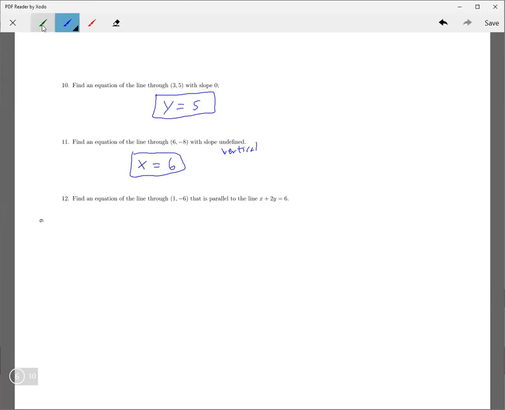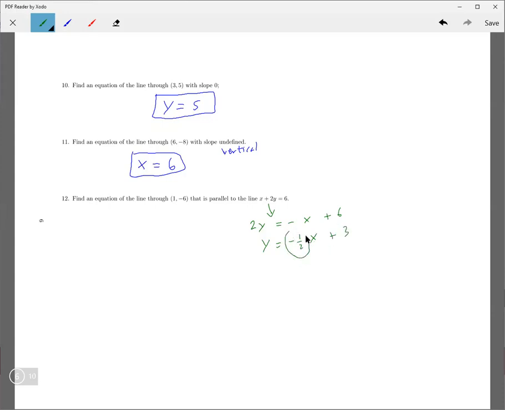Okay, number 12. Find an equation of the line through (1, -6) that is parallel to this other line. So parallel lines have the same slope. So what you're going to do first is solve this for y so we can get the slope. Okay, so divide by 2. Doesn't really matter what this part is.